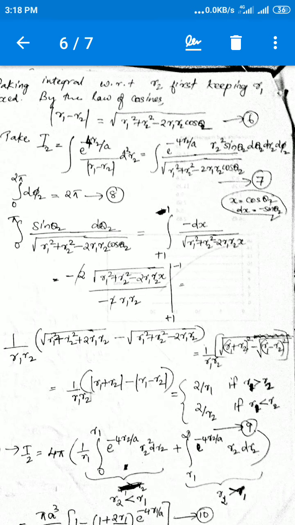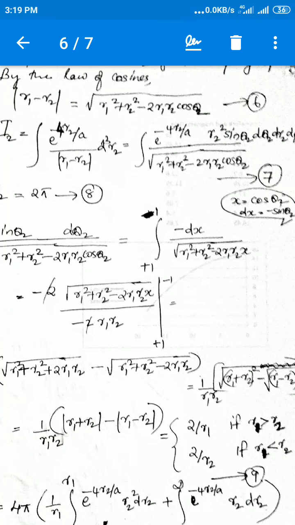Now taking the integral, it will be minus 2 into the root of r1 squared plus r2 squared minus 2 r1 r2 x divided by minus 2 r1 r2, with the limits 0 to pi, the theta 2 limits. When theta 2 is 0, x will be cos 0, 1. So the lower limit will be 1. And when theta 2 is pi, cos pi is minus 1. So x becomes minus 1.